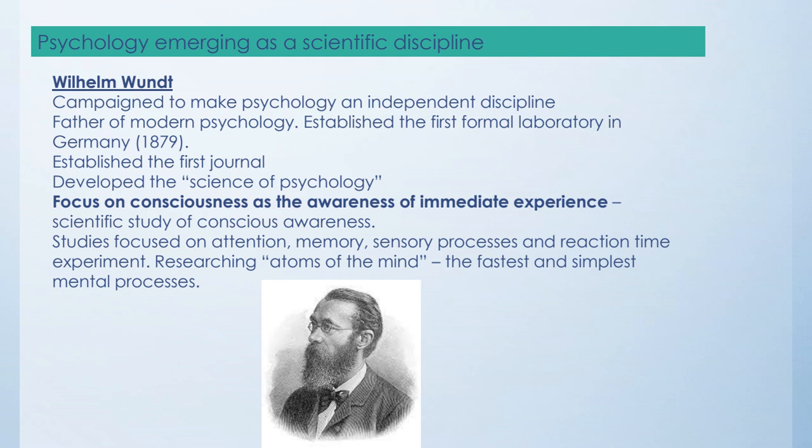He was nicknamed the father of modern psychology, because he was the first person really to bring in the concept of experimentation and research, and he established the first formal laboratory, and this was in Germany in 1879. Okay, so he developed psychology as a science. This is where it got its title, that it is a scientific discipline.